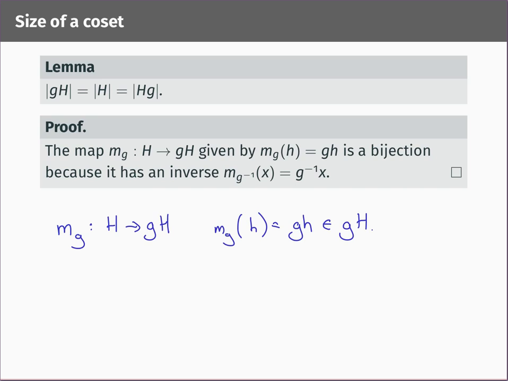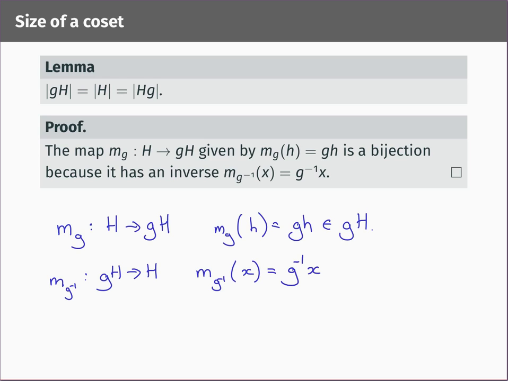On the other hand, you can also define M_g to the minus 1. M is short for multiplication, and it goes from gH to H. And you can define that by saying, well, M_g inverse of an element of the coset, so let's just use x to refer to an element of the coset, that's defined to be g inverse times x.